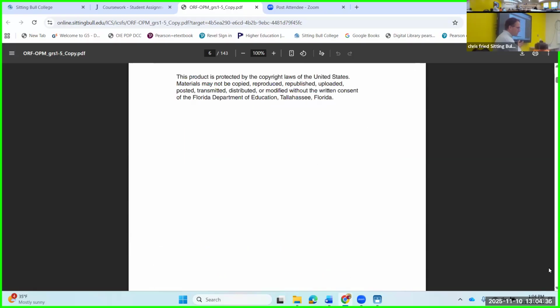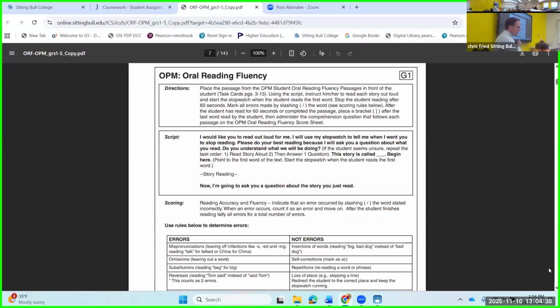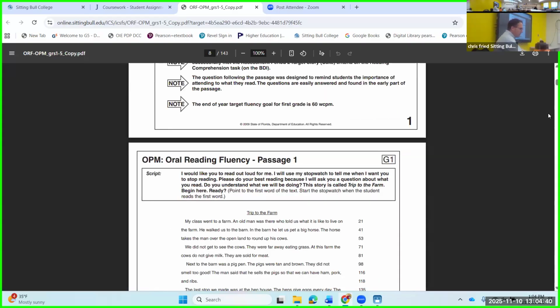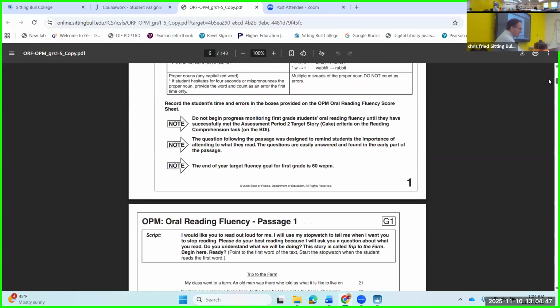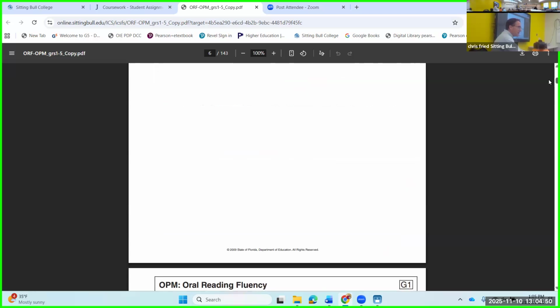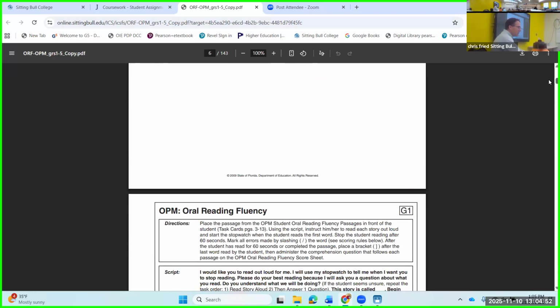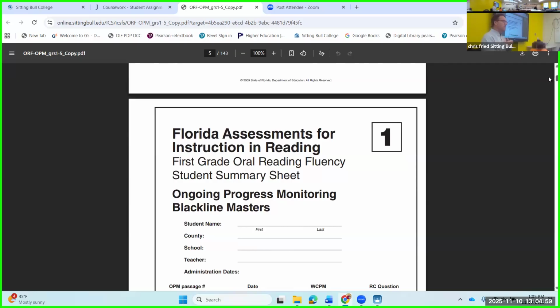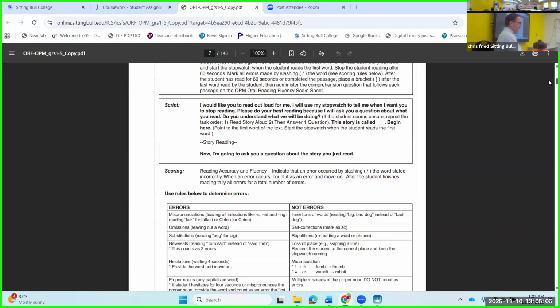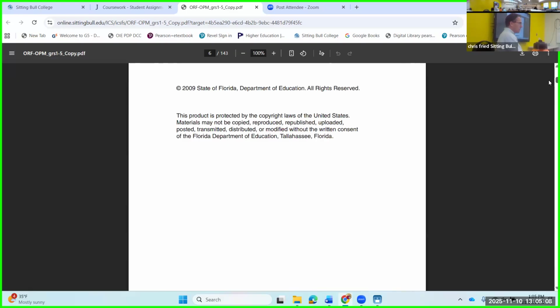The passages go all the way up to fifth grade. A lot of places use iFLY, which is the Florida Institute for Research or something like that. I'm not as familiar with some of that, as I'm just getting into teaching language arts, but they would use that curriculum.